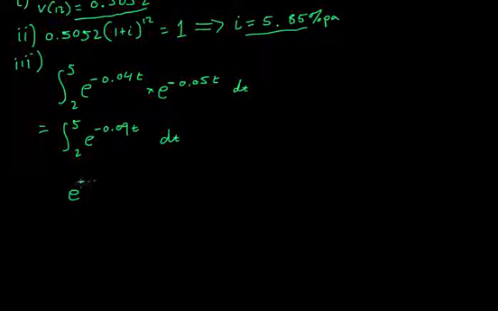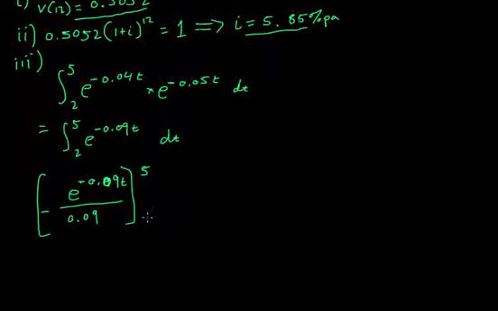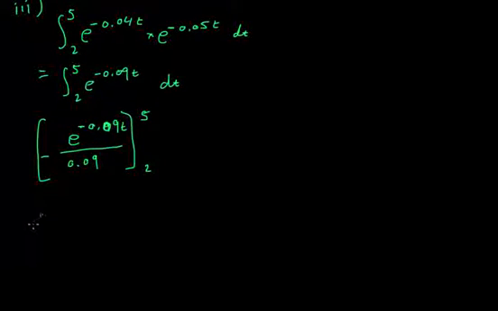Well, it's the function itself, e to the negative 0.09 t, divided by the derivative of the exponent, negative 0.09, all within 5 and 2. I'll take out the negative 1 on 0.09, and we're just going to find e to the negative 0.09 t between 5 and 2.